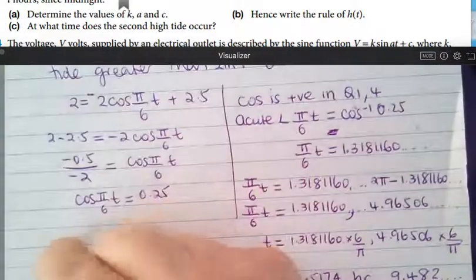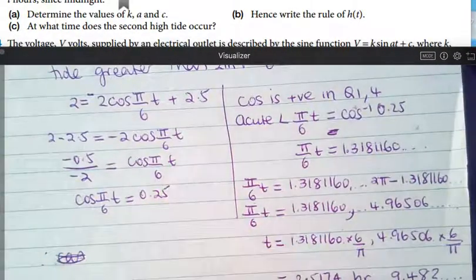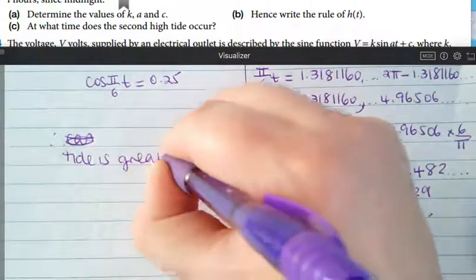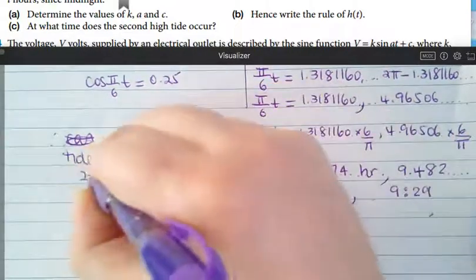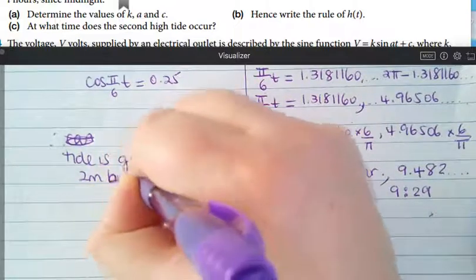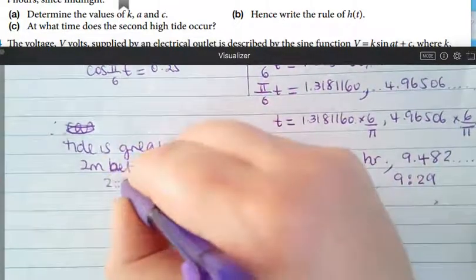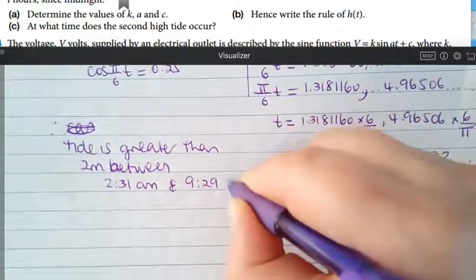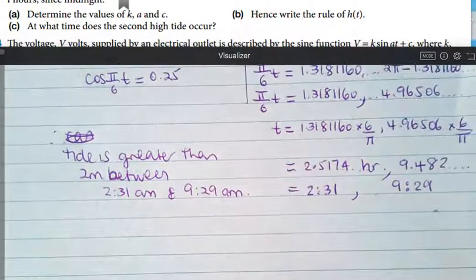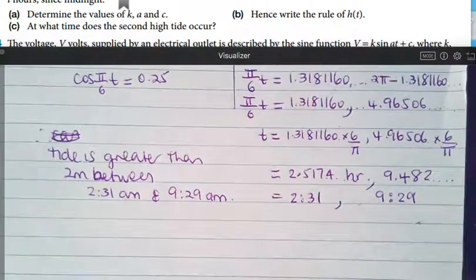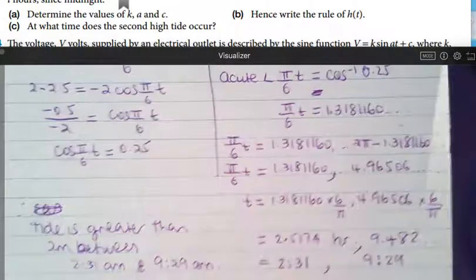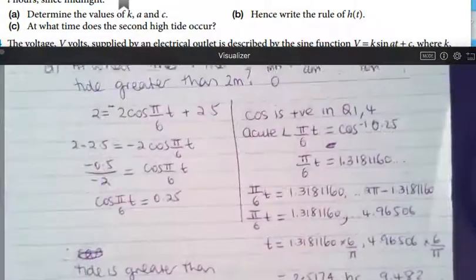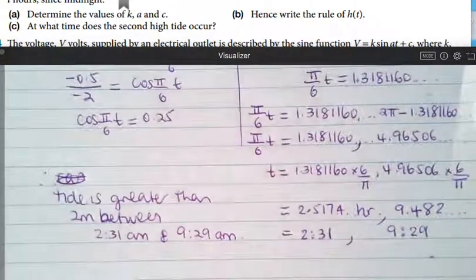So therefore we can say that the tide is greater than 2 meters between 2:31 a.m. and 9:29 a.m. We're still in a.m. And that really fits in well with our graph. So the good thing about this is that you can read it off your graph.